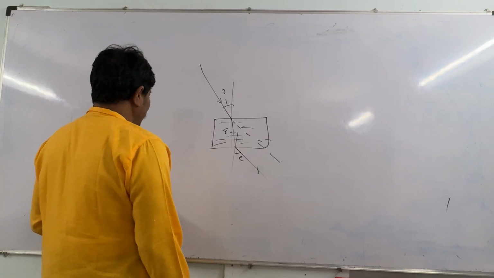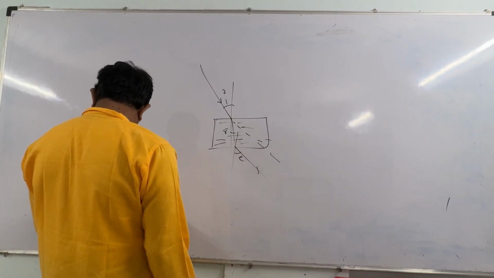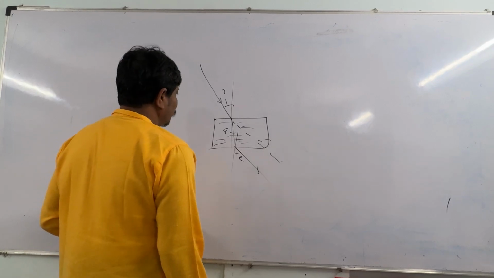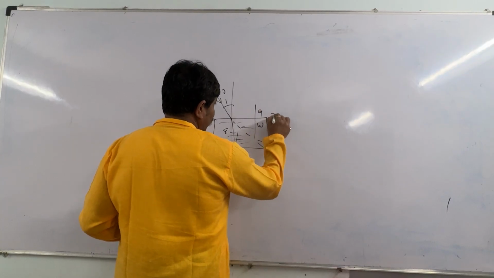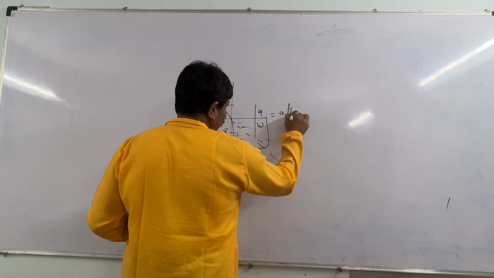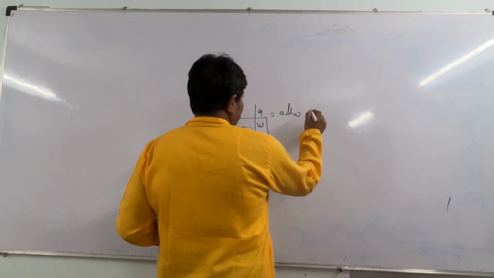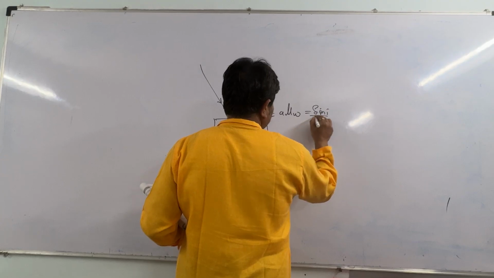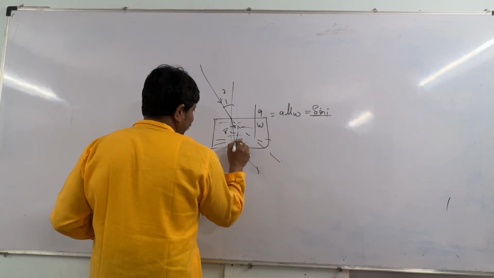Now they have asked what is the relation for A mu W. When light travels from air to water, the refractive index is A mu W. This is called absolute refractive index. This is sine I upon sine R, but this angle is R1 and this angle is R2.